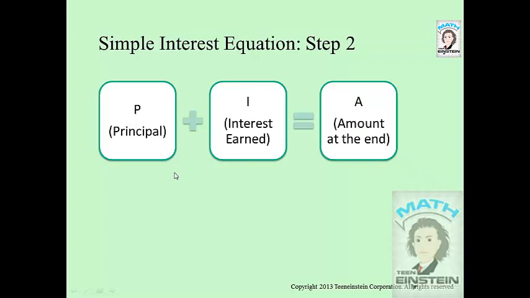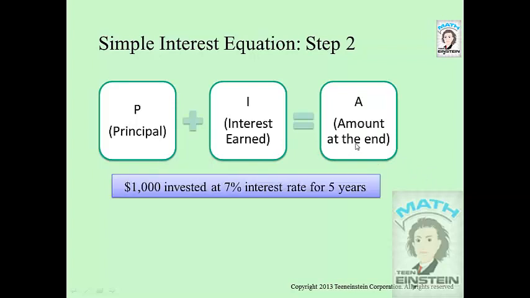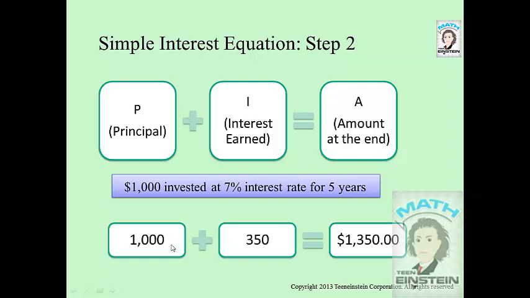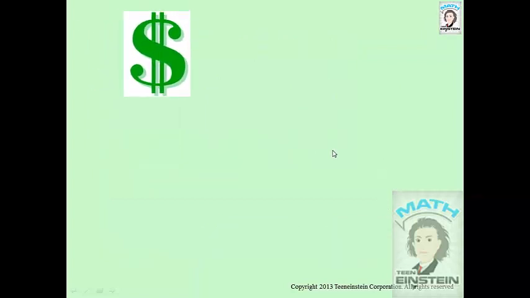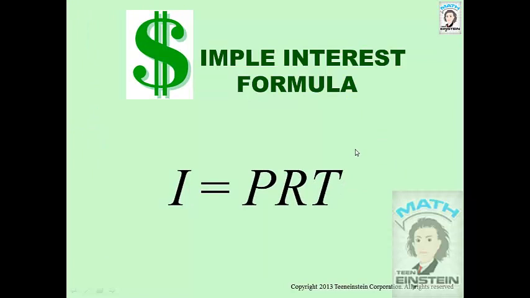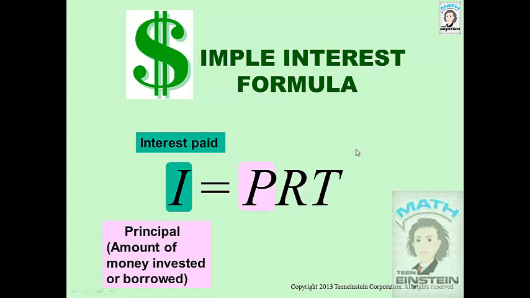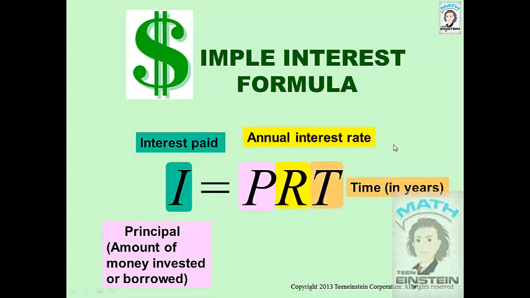Then after finding the interest, you add it to the principal, and you get how much money you will get at the end of 5 years. At the end of 5 years, in this example, 1000 plus 350 equals $1,350. This is the formula for simple interest, where I is the interest paid or received, P is the amount of money invested or borrowed or saved in a bank, R is the annual interest rate and T is the number of years, divided by 100.